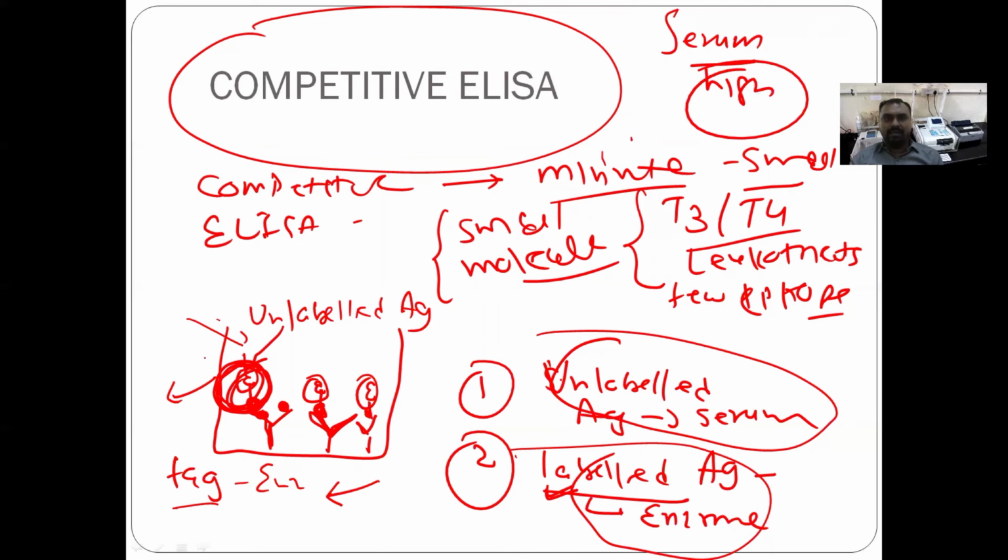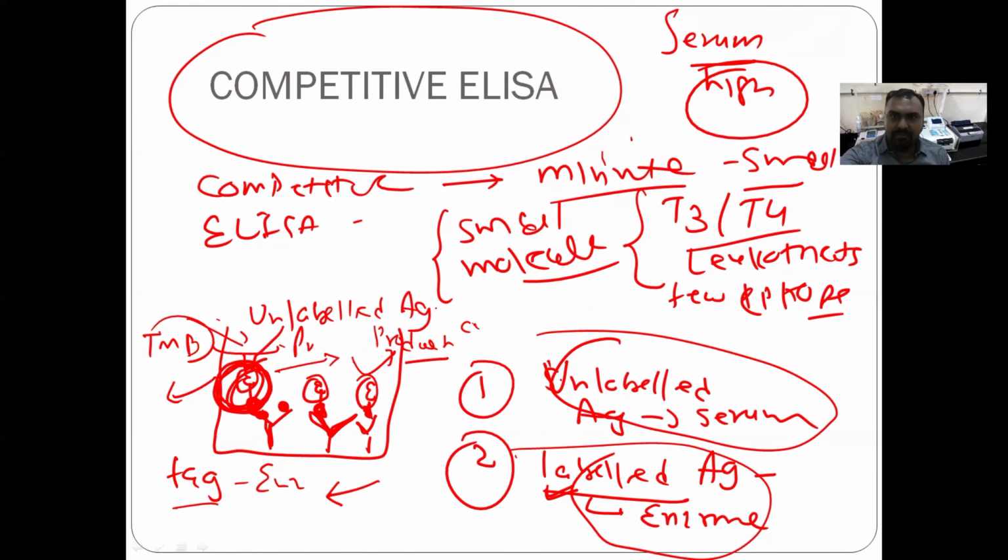Then we add the substrate and it is converted to product. So when the concentration of antigen is very high, the labeled antigen will be less, so less product is formed. And when the concentration of antigen in the serum is very less, the antigen labeled with the enzyme will be more, and it will convert substrate to the product, and it will give more color.